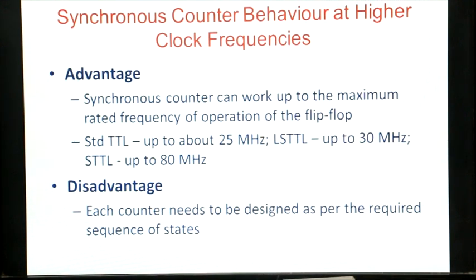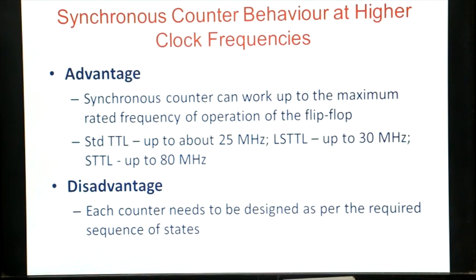We also saw that the major advantage of a synchronous counter is that it can work up to the maximum rated frequency of operation of the flip-flop. Since we used a standard TTL for this particular application, it can go up to about 25 MHz provided you do very proper wiring, and better still, you make a PCB.